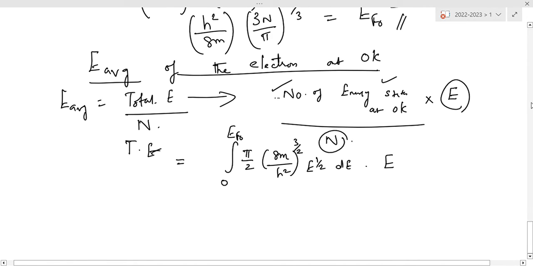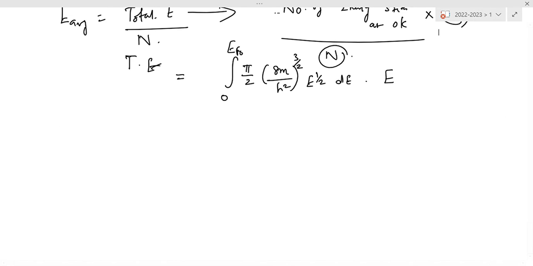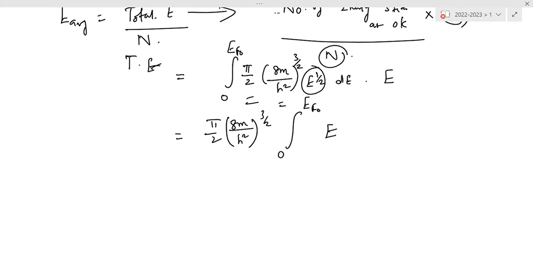Then taking this pi by 2 (8m by h square) the whole power 3 by 2 out of the integration, the integral from 0 to EF naught of E power half times E power 1, which is E power 3 by 2 dE.